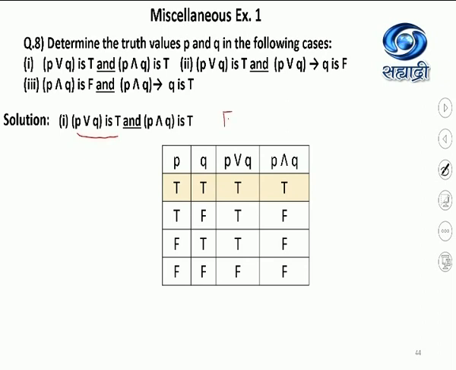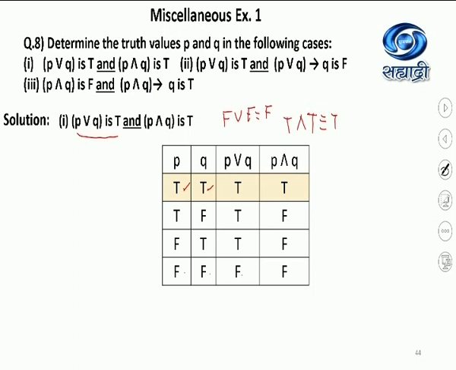The hint is only F or F is F. So you can see only F or F will be F. The remaining three entries will be T in the column of P or Q. For P and Q, I use the hint T and T is T.